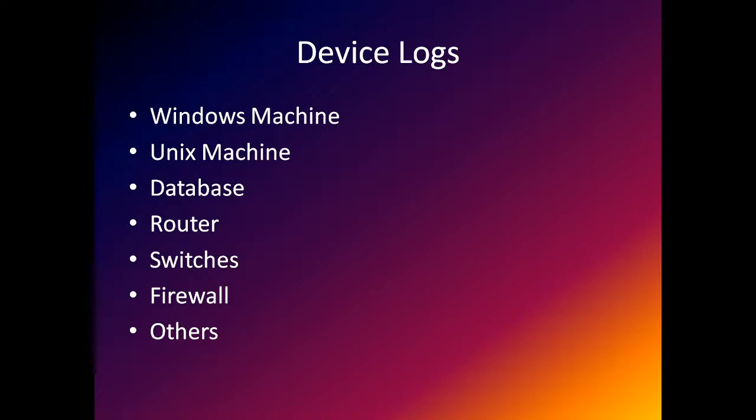It's not the right word actually. From a SOC perspective, it could be EPS, which is called events per second: how frequently a SIM device can receive data from devices. Events per second means the SIM can receive this many events in one second.